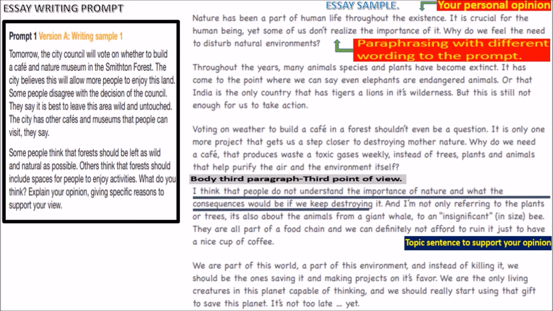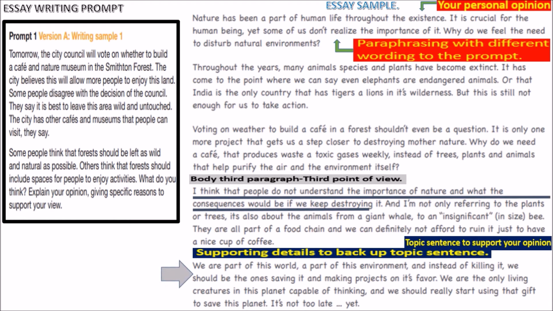And I'm not only referring to the plants or trees. It's also about animals, from a giant whale to an insignificant in size bee. They are all part of a food chain, and we can definitely not afford to ruin it just to have a nice cup of coffee. So we can see the supporting details to back up the topic sentence in the third paragraph.